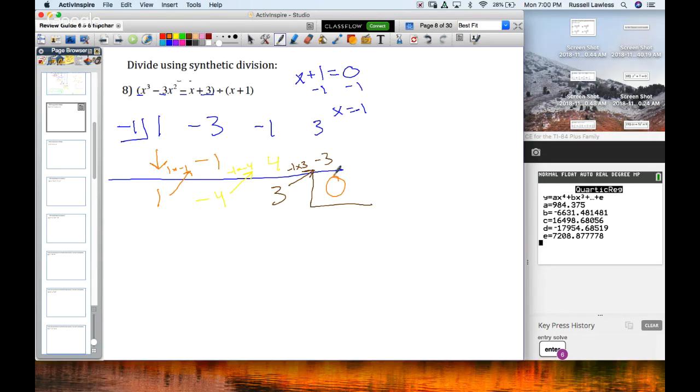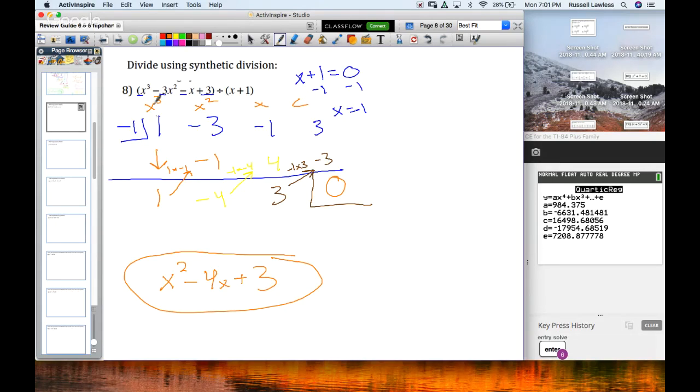So if the remainder is 0, it is a factor, but I don't care right now if it's a factor or not. All I'm doing is asking for you to divide. So if all we're doing is dividing, our final answer will be x squared minus 4x plus 3. This is what we get when we divide. The reason I know it's x squared, this represents your x cubed column, your x squared column, your x, and your constant.